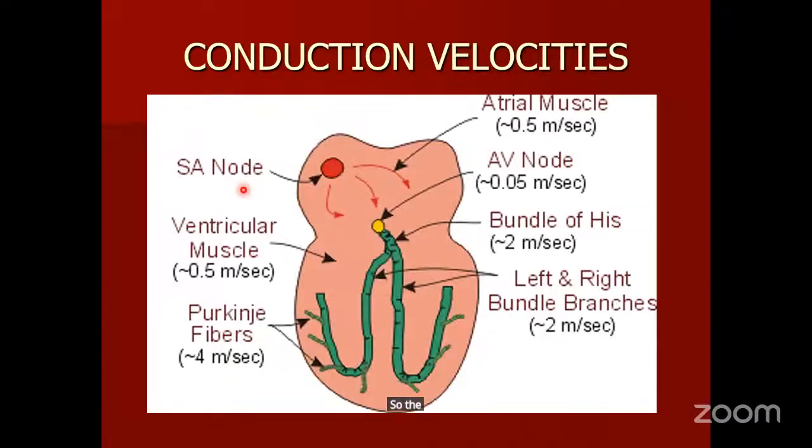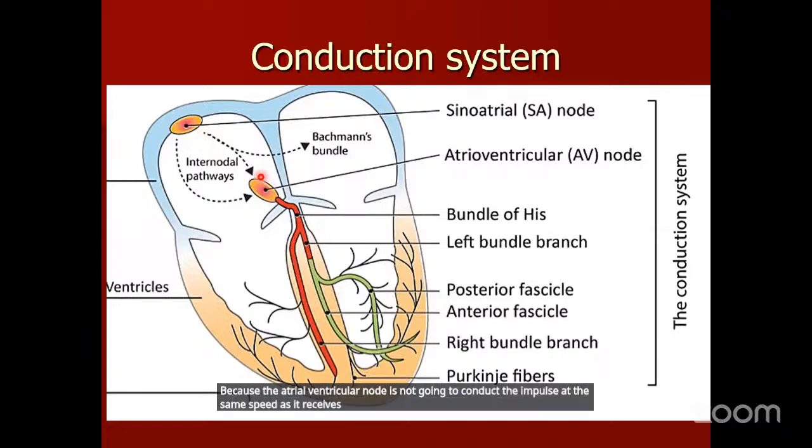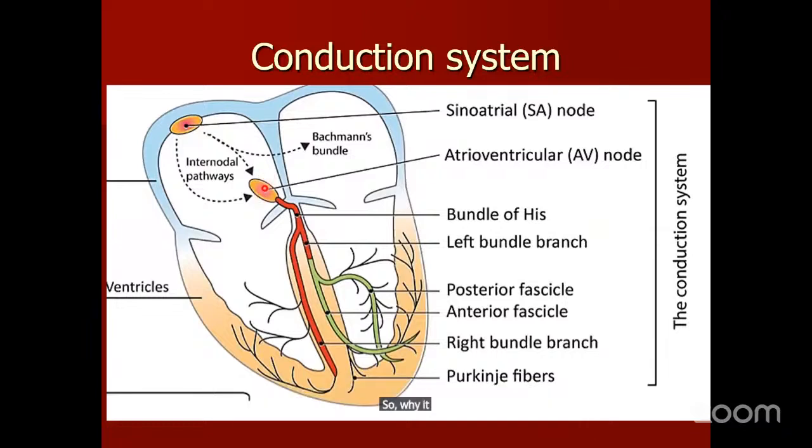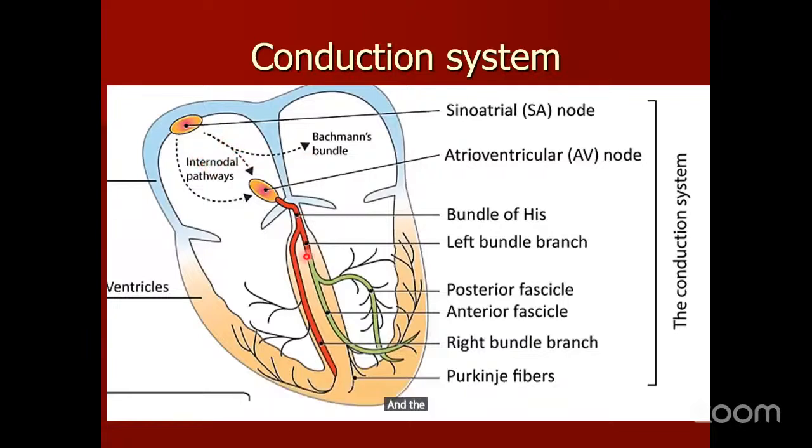The atrioventricular node is called the speed breaker of the heart, because it is not going to conduct the impulse at the same speed as it receives it. It is going to delay the impulse. Why?